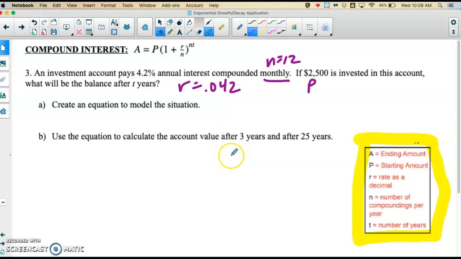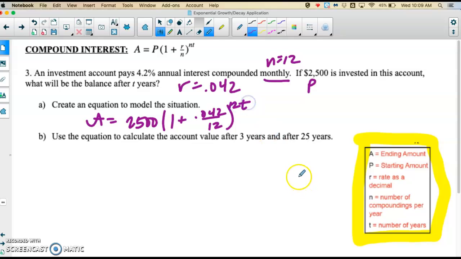So our formula then is going to be A equals 2,500 times 1 plus 0.042 over 12, to the 12t, because we just plugged it in there. And you can simplify that decimal right now.